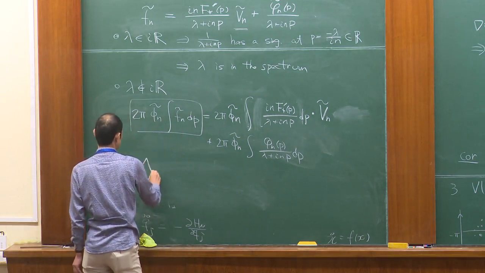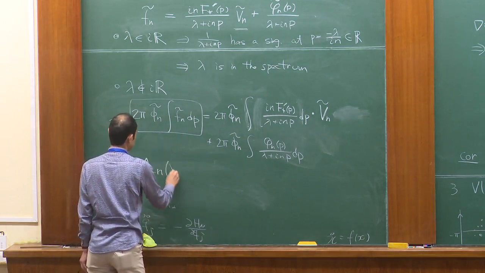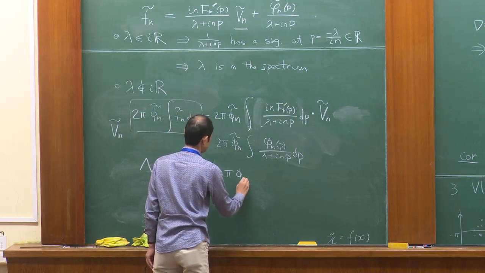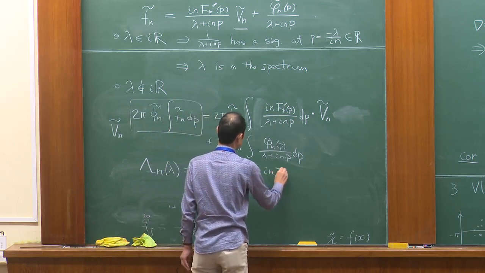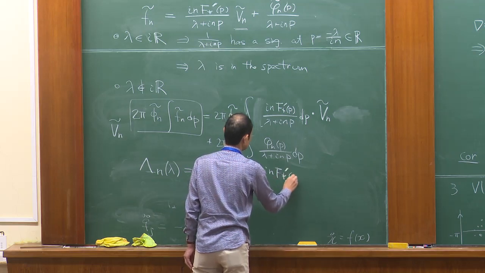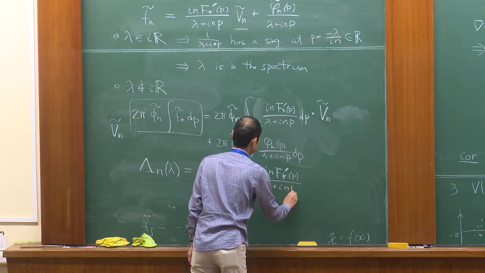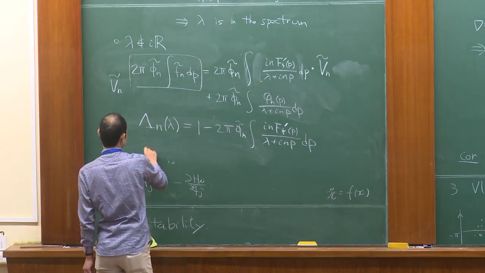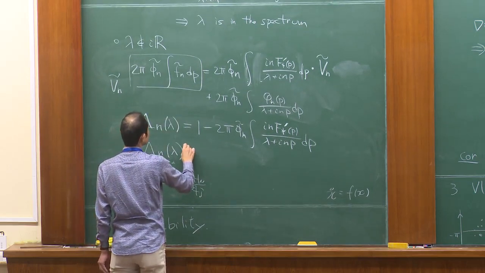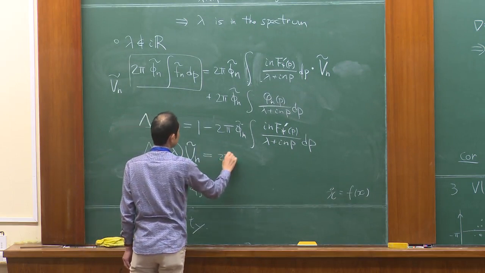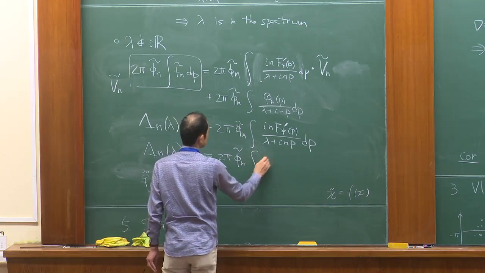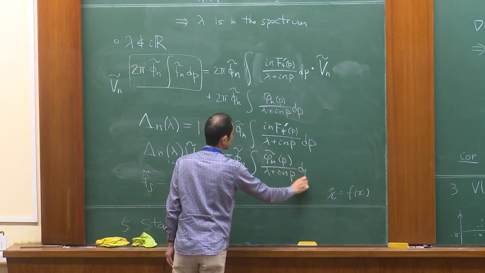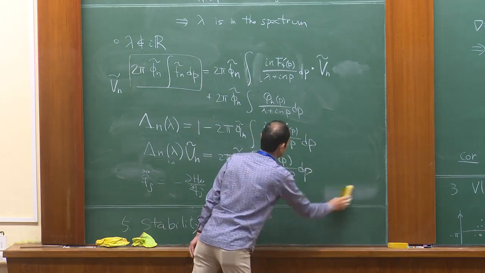So if we introduce the function as 1 minus 2 pi phi n and the integration of this over p, then this equation is written like this. Okay.